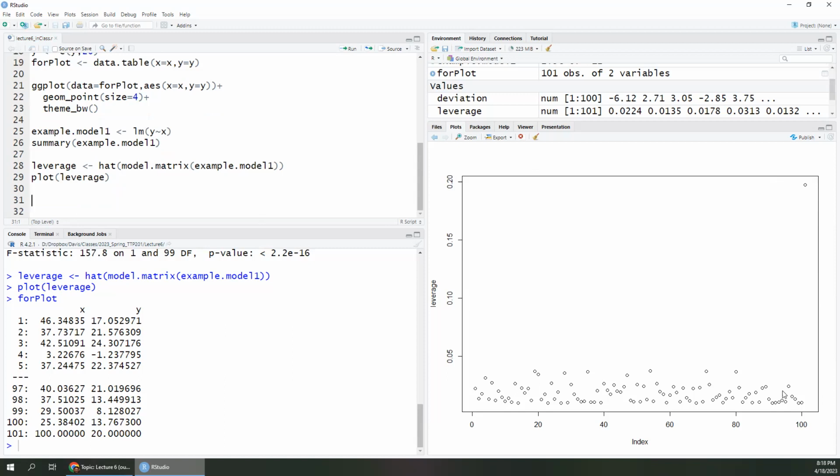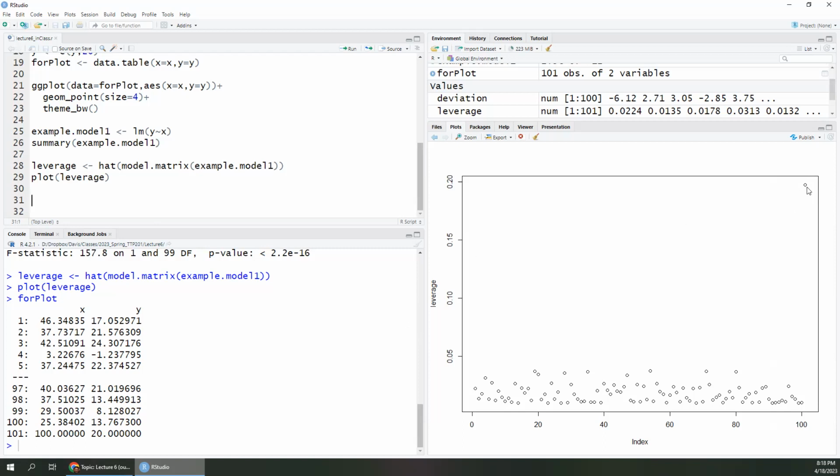And in fact, you can use the leverage even in a multivariate situation because it corresponds to each index point. And so this contains information. Your leverage will contain outlier information across multiple dimensions.